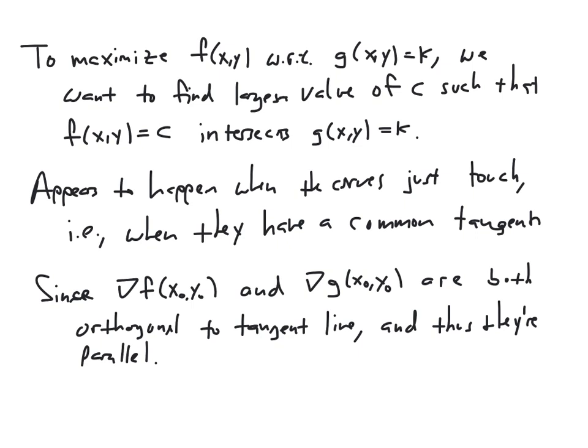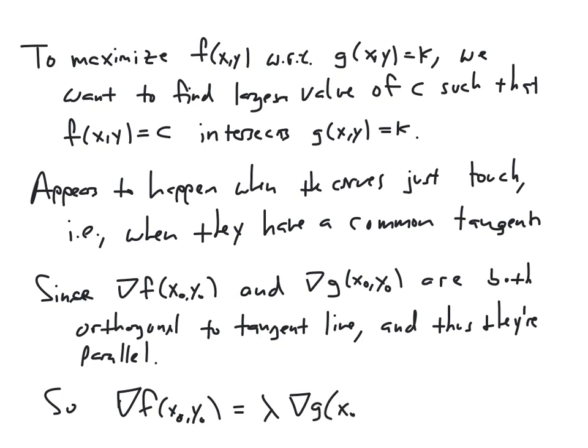And so the big punchline here is that the gradient vector of f is equal to some constant, which we're going to always call lambda. That's the standard symbol for Lagrange multipliers, which is what this is.